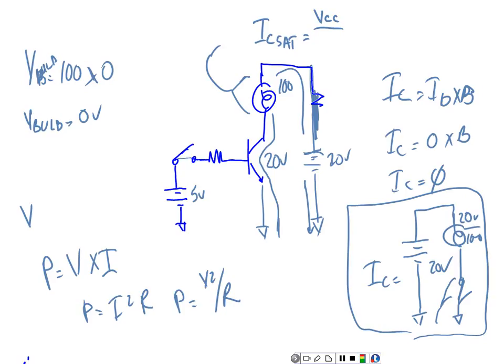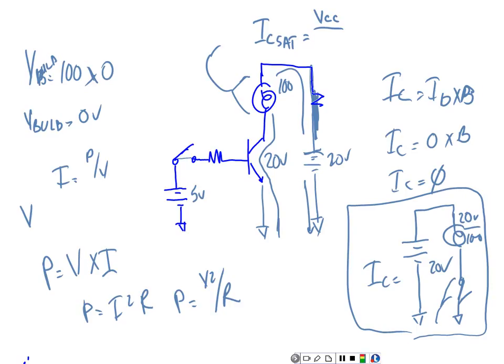If they're rated at a current, you go out and buy a little bulb for your flashlight, it's going to be rated at a voltage and a current. You buy a bulb for your house, it's going to be rated at a voltage and a wattage, right? And then you can calculate the current by knowing the wattage, so I is equal to P over V.